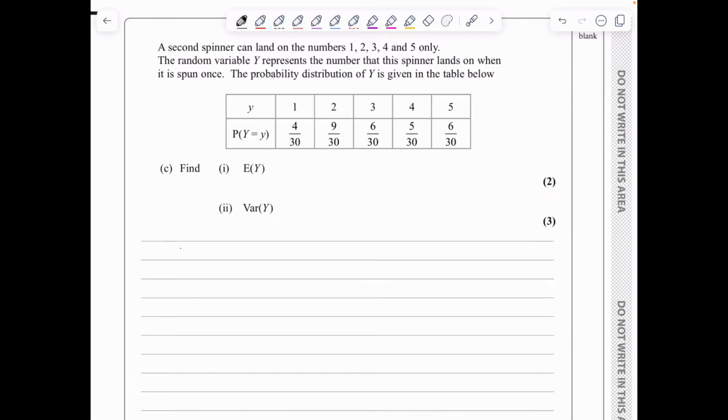So the expectation of y will be found by multiplying the y's by their corresponding probabilities. So it's going to be 1 times 4 over 30 plus 2 times 9 over 30 plus 3 times 6 over 30 plus 4 times 5 over 30 plus 5 times 6 over 30, and this gives an answer of 3.